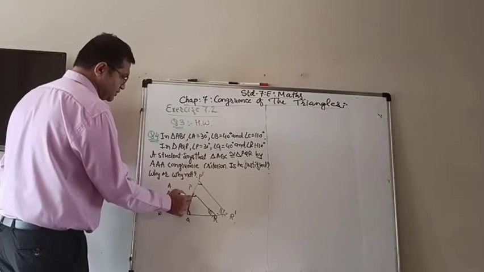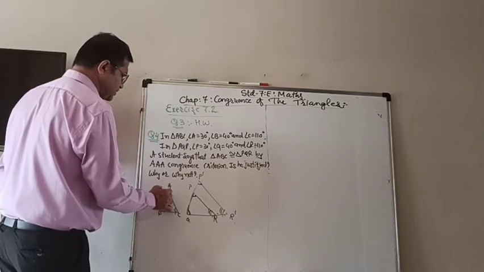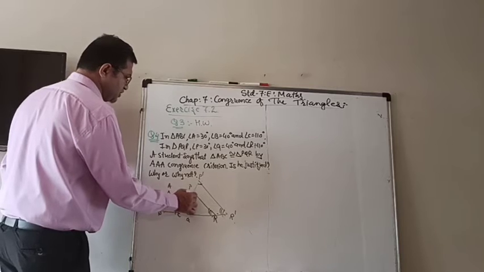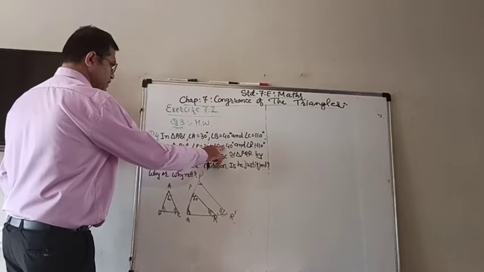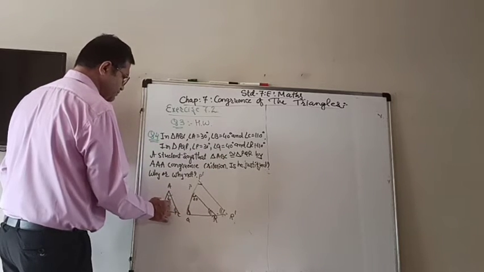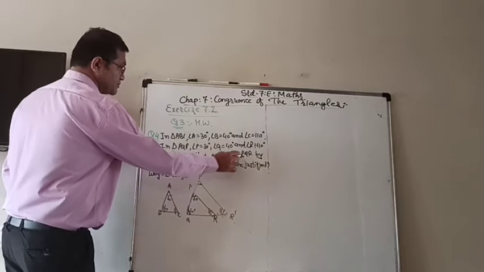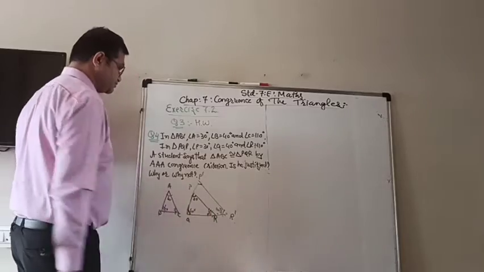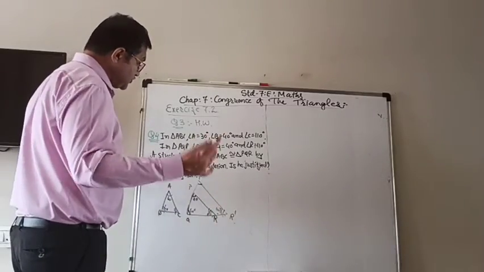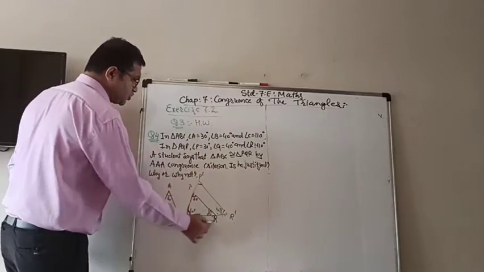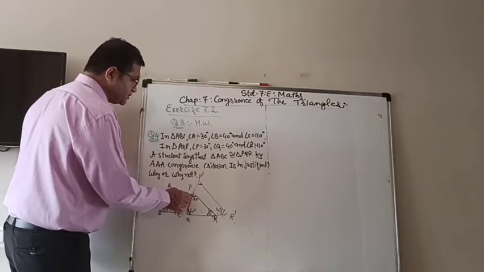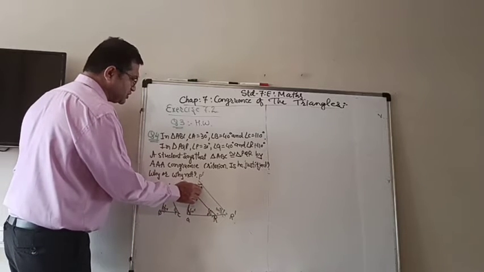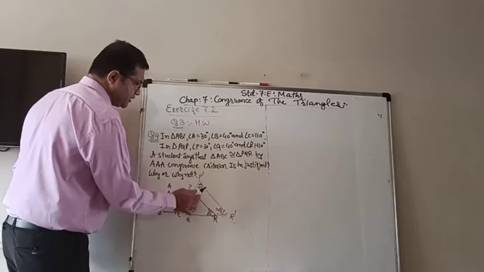So now you can see that angle A has 30 degrees, P also has 30 degrees, B and Q have 40 degrees, and that one has 110 degrees suppose. So now you can see that I drew the bigger triangle, but the angles are equal, so that will also be 30, and that 110 also.